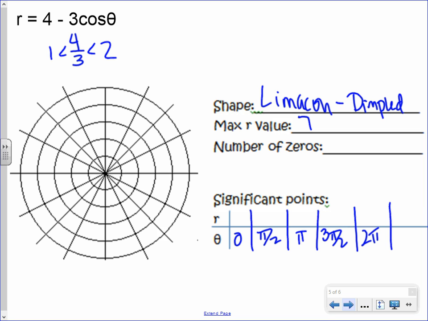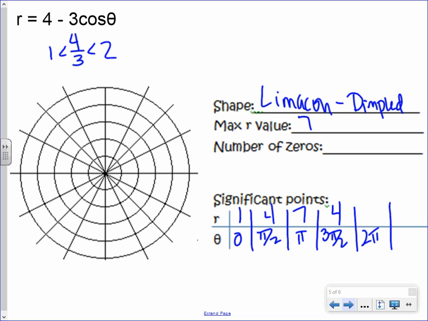Okay, everyone's gonna help me out here. The r value at 0. Well, everyone needs to help me, not just 2 voices. R value at pi over 2. 4. Pi. 7. 3 pi over 2. 4.